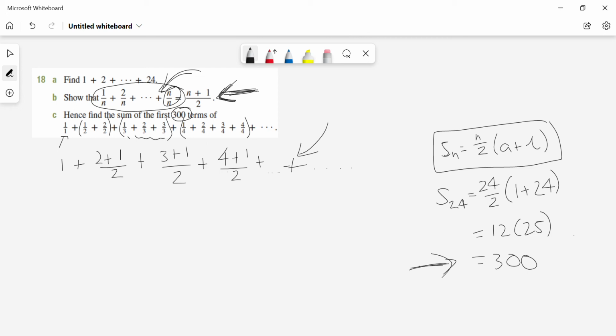So that tells me that if they say I want the first 300 terms, this one has 300 terms, then this one must have 24 terms. And when I'm saying that, I'm really looking at, just write it there.